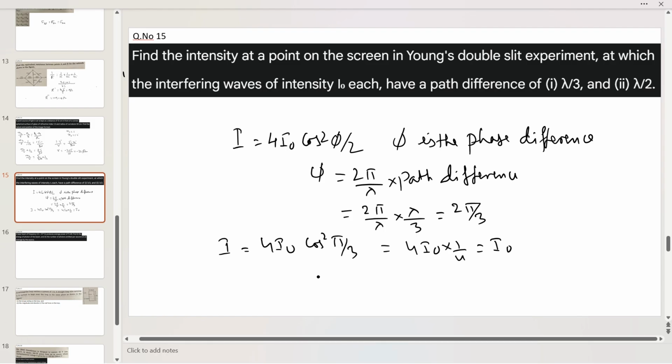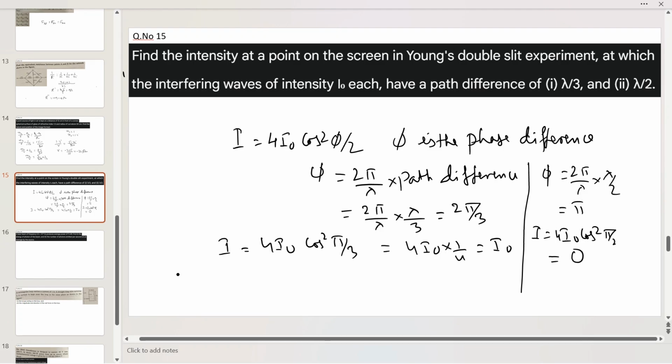And in the second case, phi is equal to 2 pi by lambda into path difference lambda by 2, so this will be equal to pi. Your intensity will be 4 I naught cos square pi by 2, so this is equal to 0.